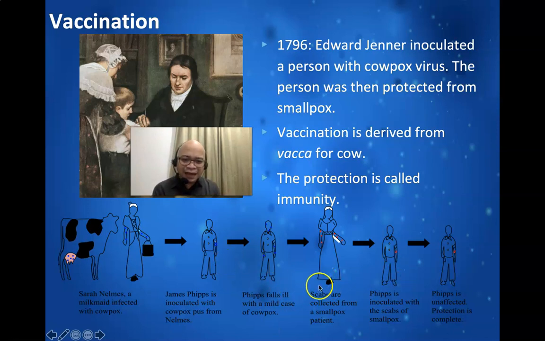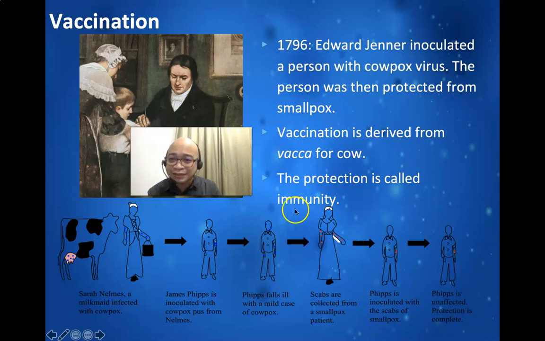And then scabs were collected from smallpox patients. Imagine the risk of this particular trial. So Phipps was inoculated with the scabs of smallpox, but Phipps was unaffected and the protection was complete.